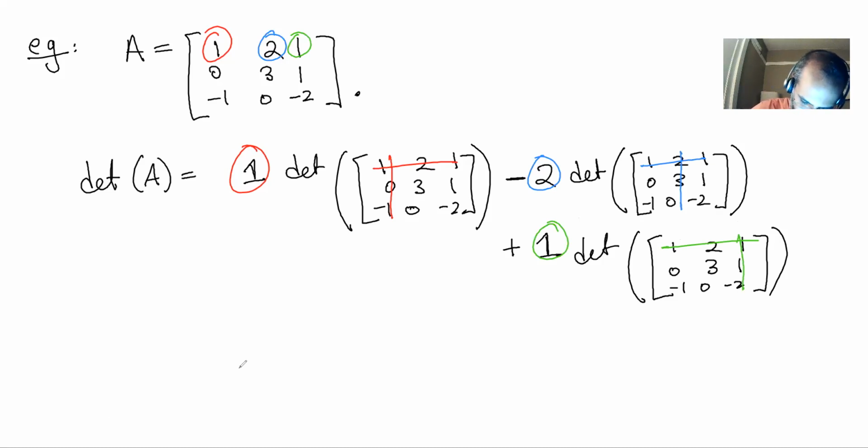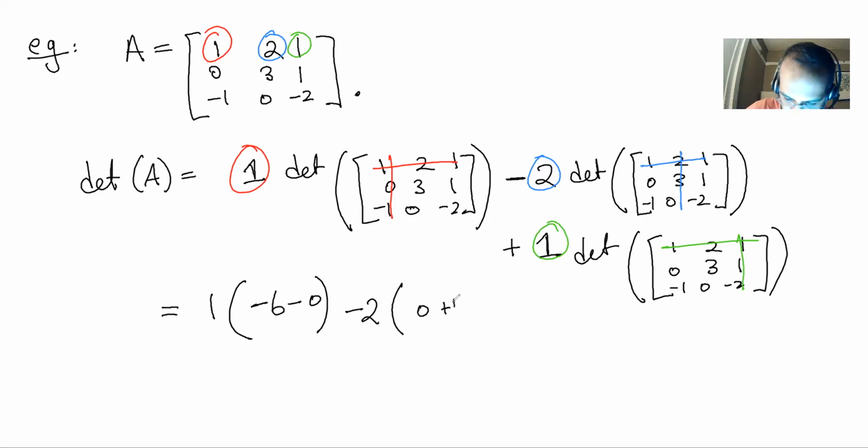So let's compute it. This is 1. So that 2 by 2 determinant is minus 6 minus 0, right? Minus 2. And here you have 0 plus 1. Because, right, you have 0 times minus 2 minus 1 times 1, which is 0 plus 1.